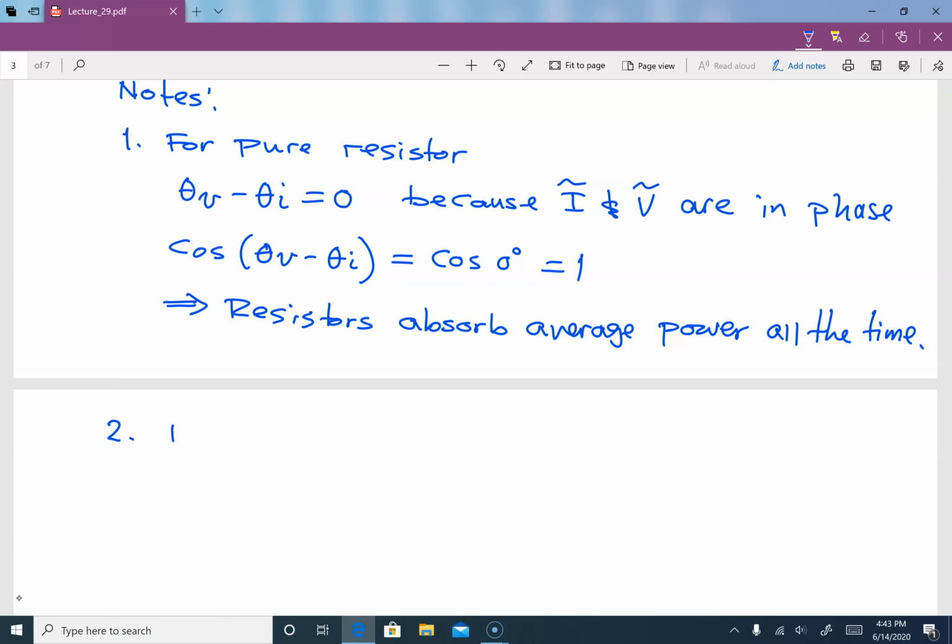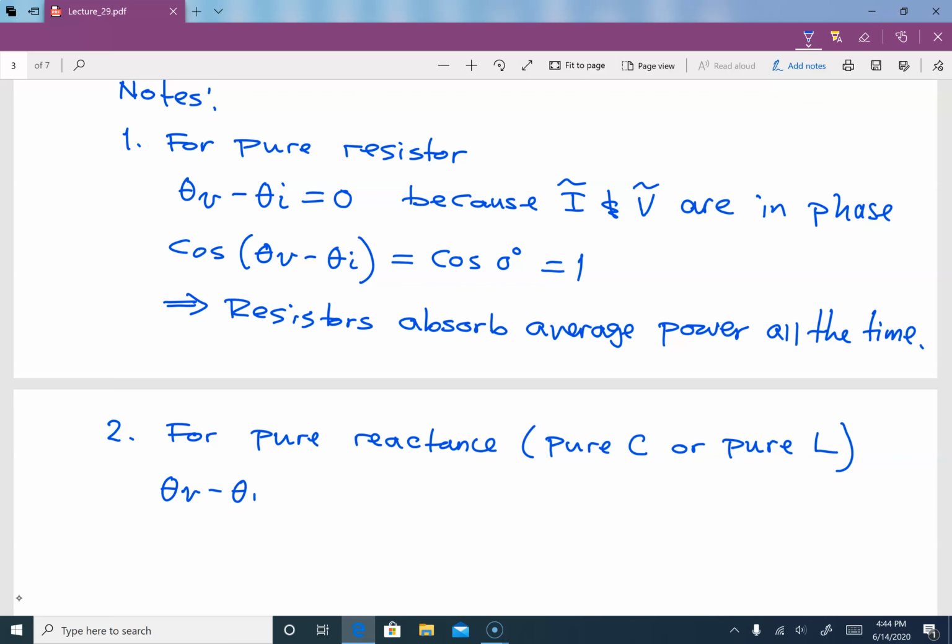The second one is for pure reactance. What we mean by that is pure C or pure L. In this case, our theta V minus theta I is equal to plus or minus 90 degrees, exactly 90 degrees.